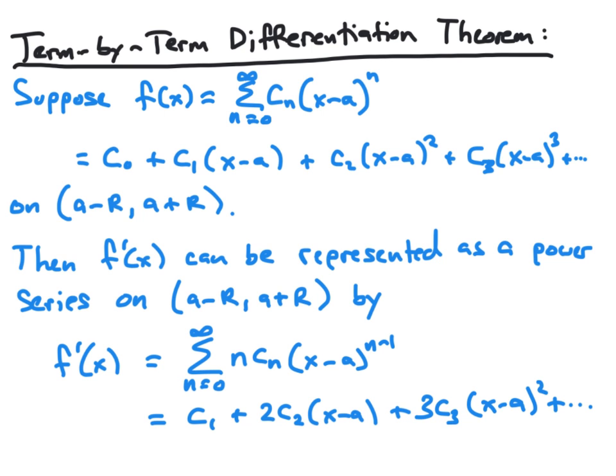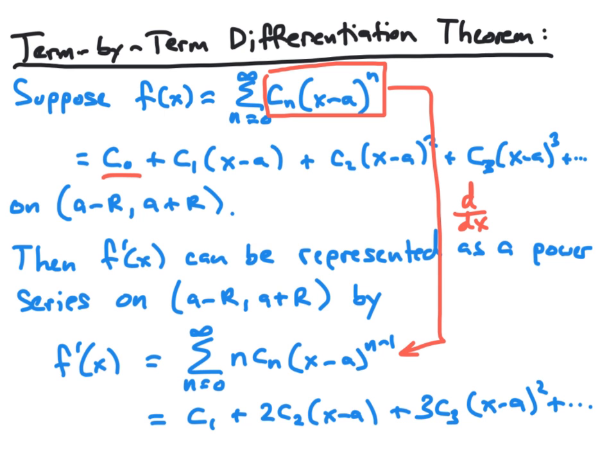Notice the term of this power series representation for f prime of x is obtained by taking the term for the power series representation of f and differentiating. And so here we take c sub n times x minus a to the n. We differentiate that to obtain n times c sub n times x minus a to the n minus 1. The same thing then happens with all of our other terms if we look at the terms individually.